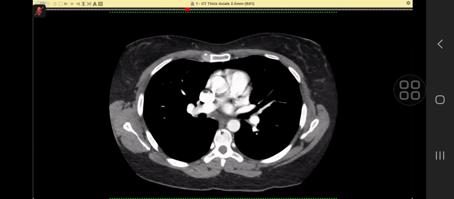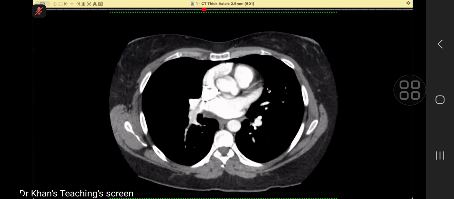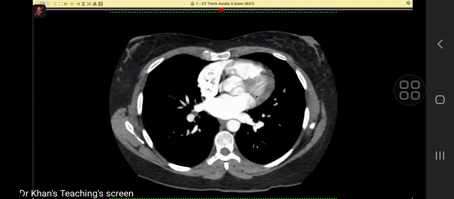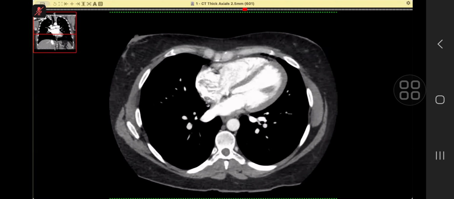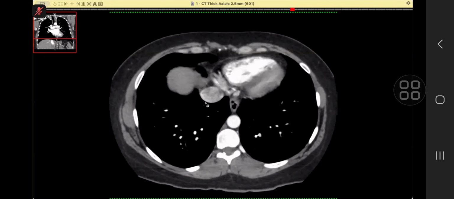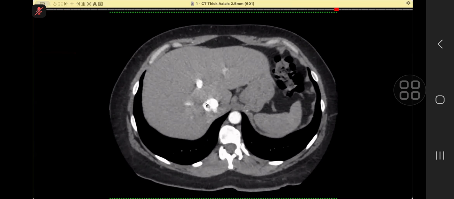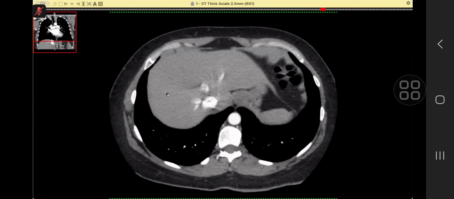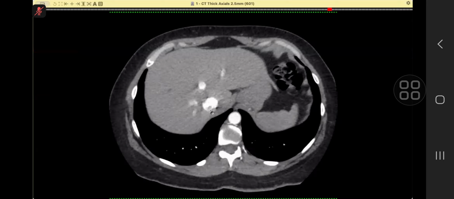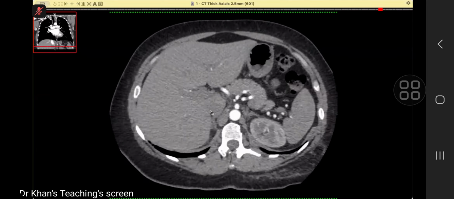In my routine practice, I will check the lung window. As I said again, I can see a hypodense liver lesion here, which is likely a simple cyst.